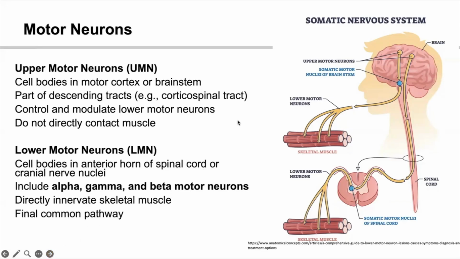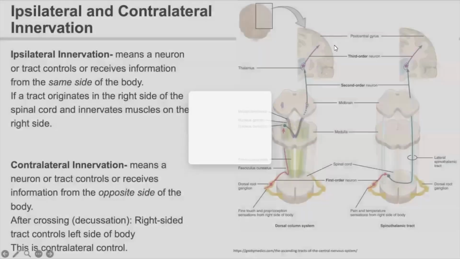Again, motor neurons can be classified into 2 types. Upper motor neurons are mainly from the cortex or cerebrum and brainstem, and lower motor neurons are usually from the spinal cord. They come out and innervate the skeletal muscle.